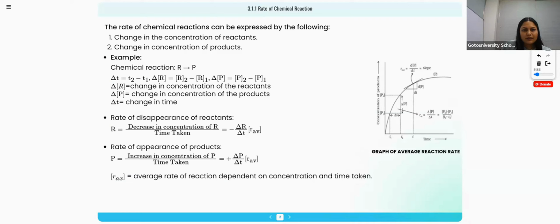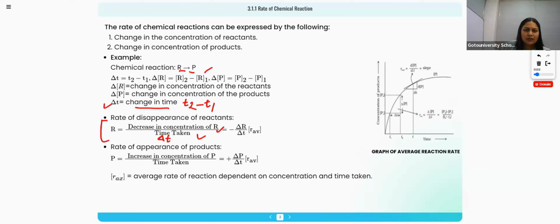So for a chemical reaction where reactants are forming some product, we calculate the rate by the decrease in concentration of reactants and by the time taken. Time taken will be represented as delta T, which is the change in time, with some final time and initial time, right?